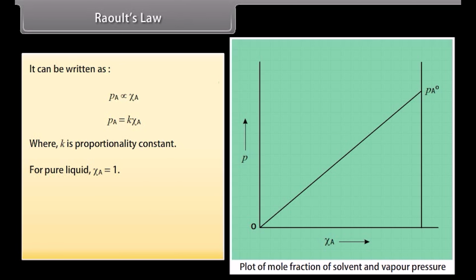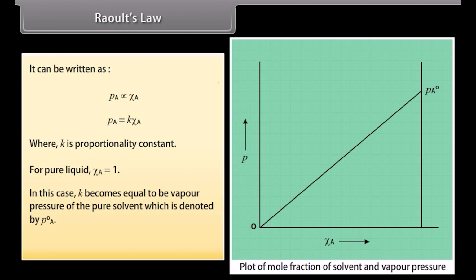For pure liquid, XA is equal to 1. In this case, K becomes equal to vapor pressure of the pure solvent, which is denoted by PA°. Thus, PA = PA° XA.